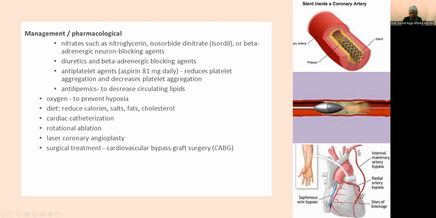So the area that's dead, we're going to bypass it by connecting the artery from another part of your body to the section with the dead tissue. So it's a bypass, hence the name. So short, CABG, you've heard us say CABG.